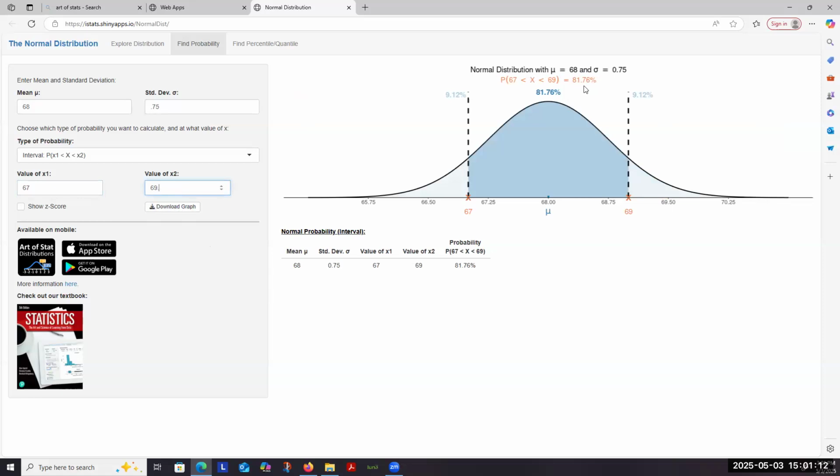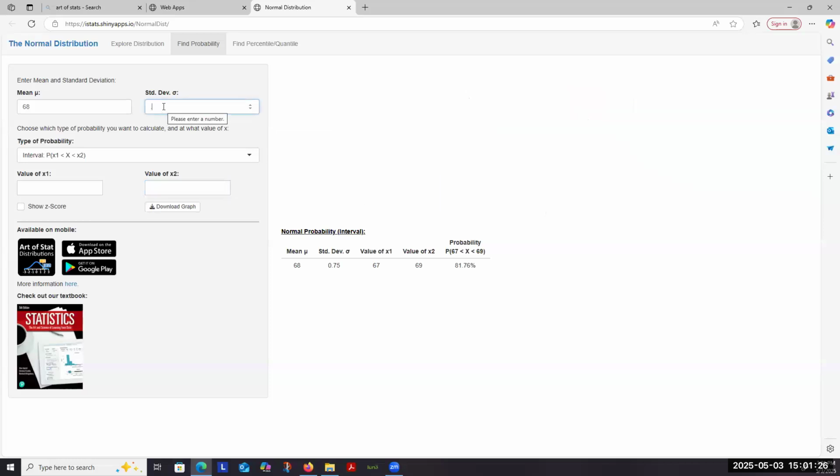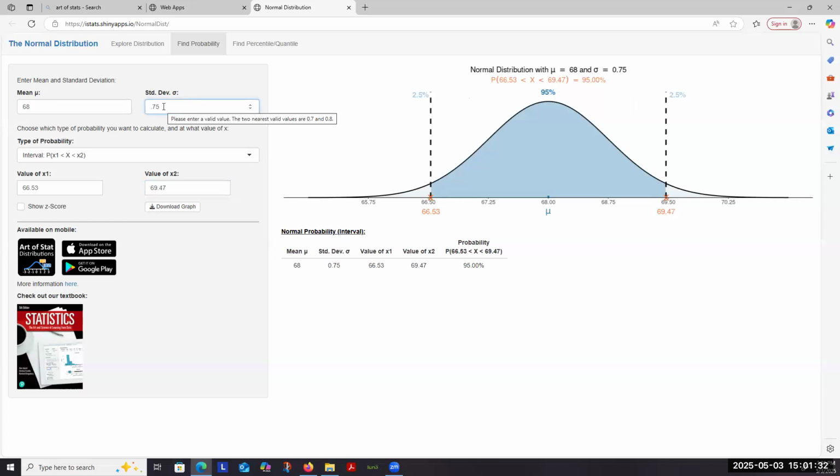If you want to apply this one, you are welcome to do it, but make sure that you change the standard deviation. The mean was 68, and the standard deviation is 0.75, 3/4.